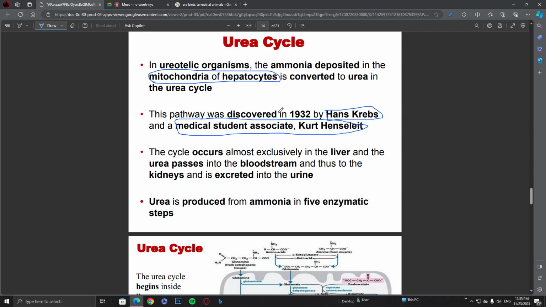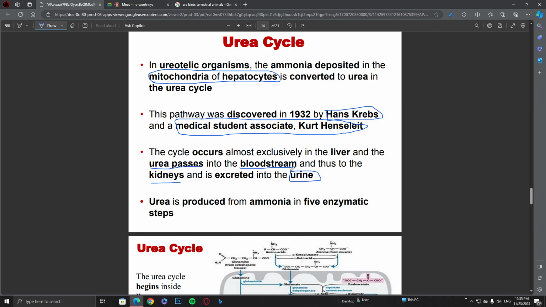Now the cycle obviously occurs in the liver, and after the cycle ends, we get the nitrogenous waste product, which is urea. Urea from the liver goes to the kidney through the bloodstream, and in the kidney it is excreted into the urine.